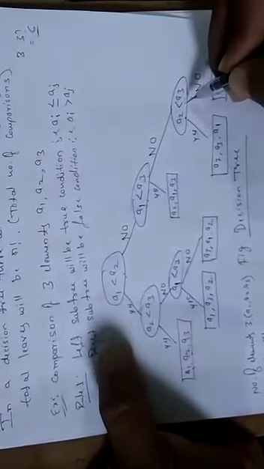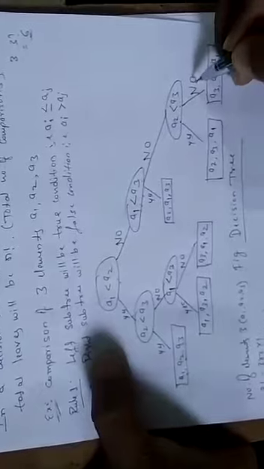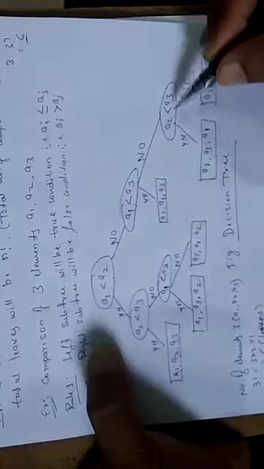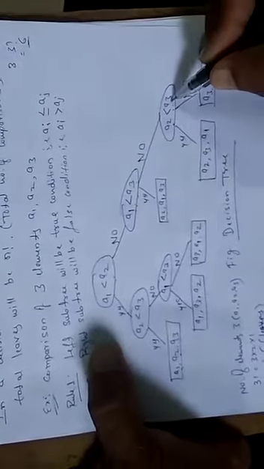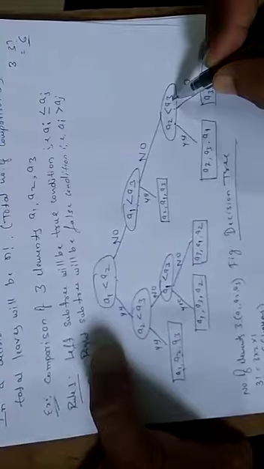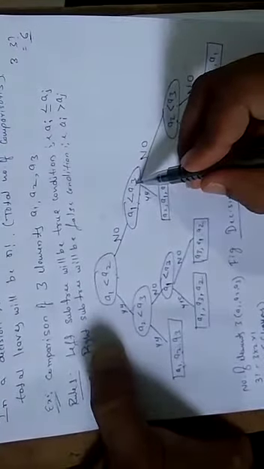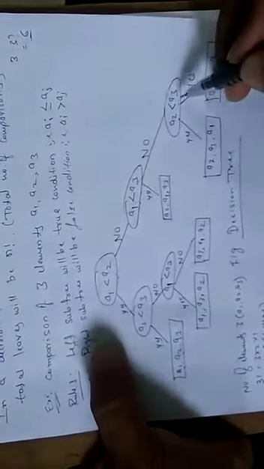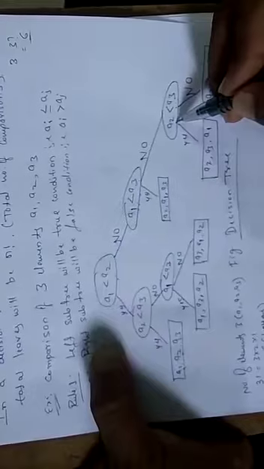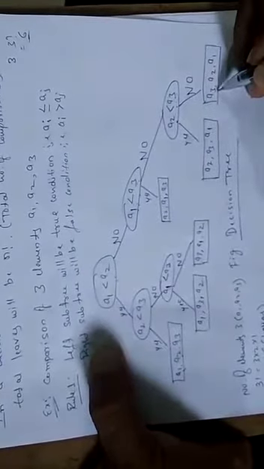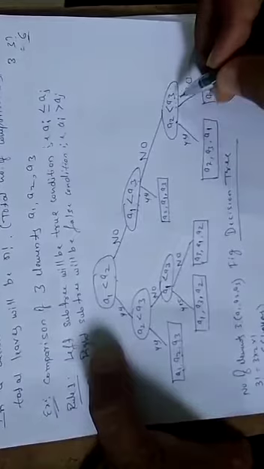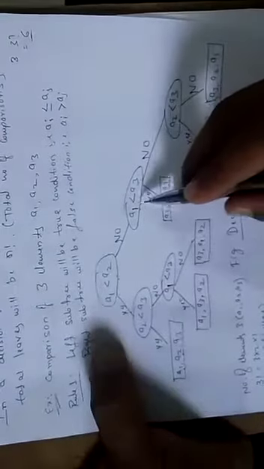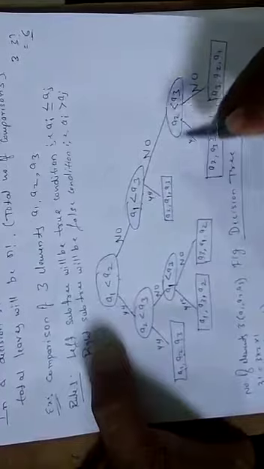Next, if a2 is less than a3 is false, write it to the right side. a2 becomes the middle one, because a2 is less than a3 is false, so a3 becomes the smallest element in the order. a3 is smaller than a1 and also smaller than a2, so a3 is the smallest element and a2 is the middle one, because a2 is smaller than a1 but not smaller than a3.